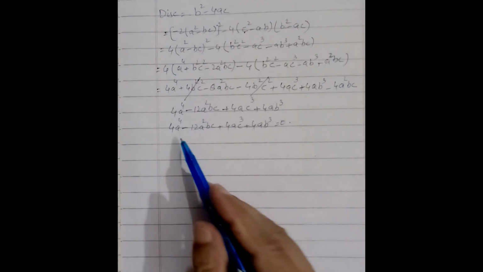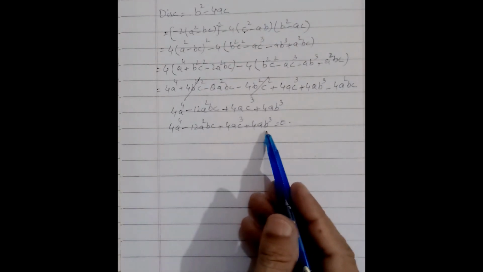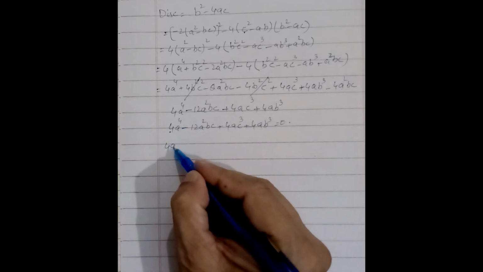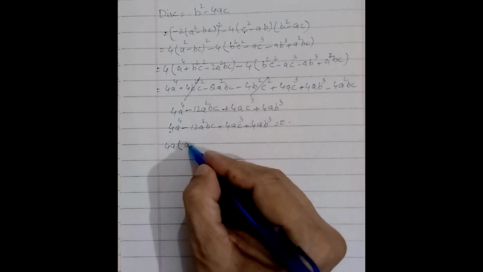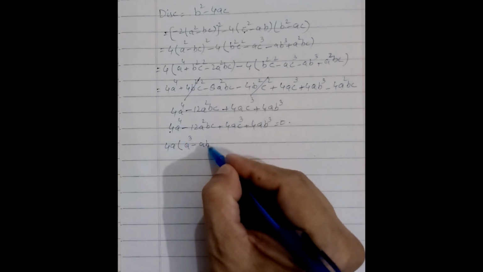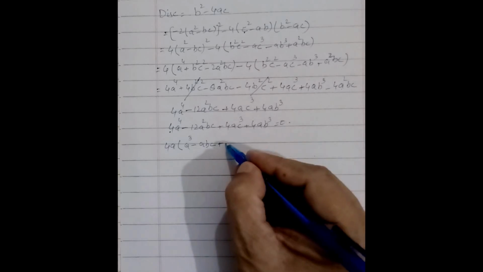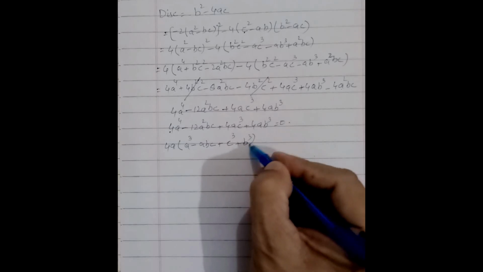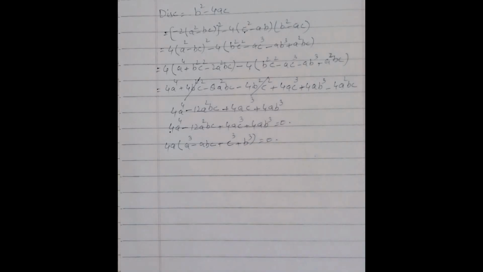Now we take common 4a from the left side. The remaining values are a³ − 3abc + c³ + b³ = 0.